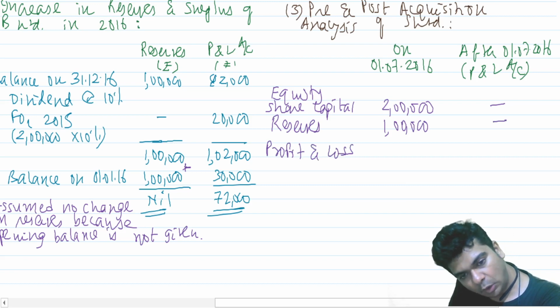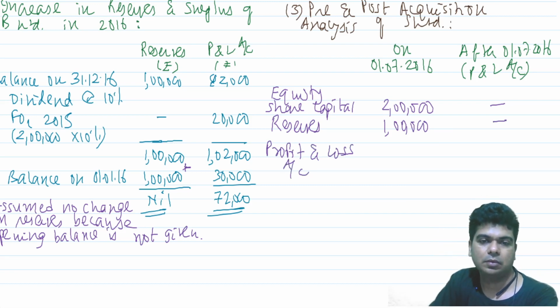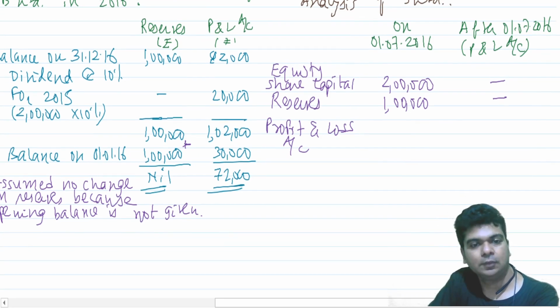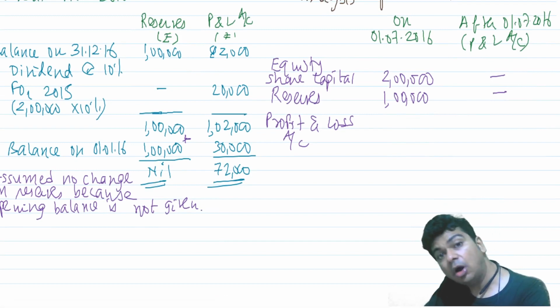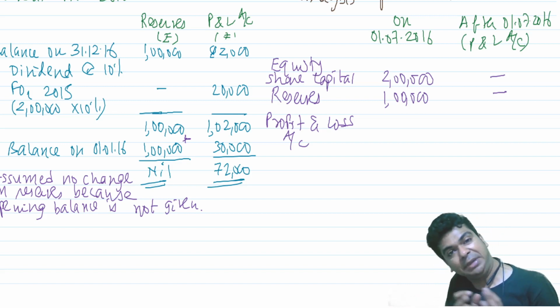And now, profit and loss account. This is going to be interesting. Understand it. Although you are buying shares on 1st July, they have not given you the balance of the P&L on 1st July.